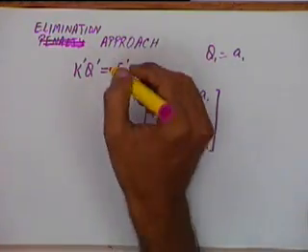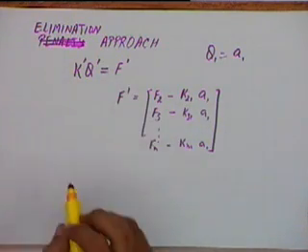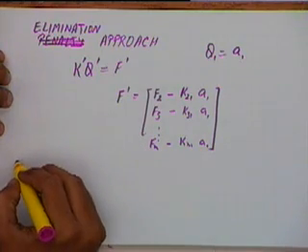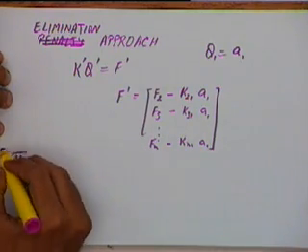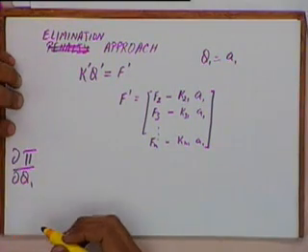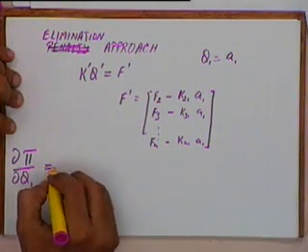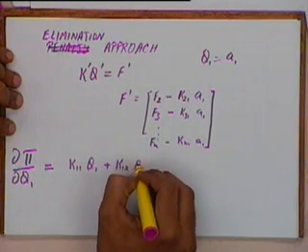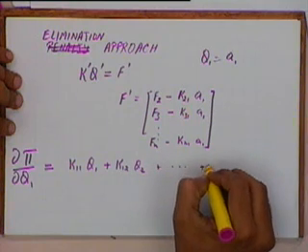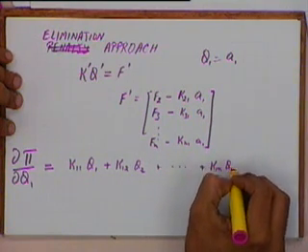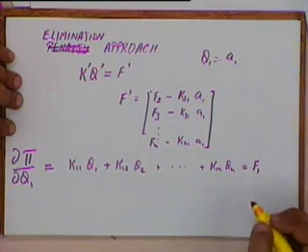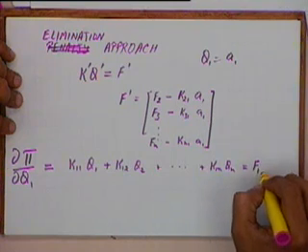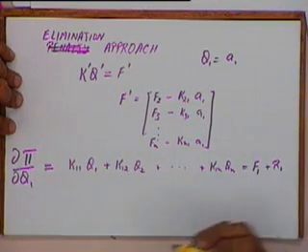Okay, how do we find the reaction in this case? If we look at the first equation, if I take my potential energy expression and differentiate it with respect to Q1, I will get k11 Q1 plus k12 Q2 up to k1n Qn will be equal to the force at node 1, and the force at this node 1 will actually be the external force F1 plus the reaction R1.